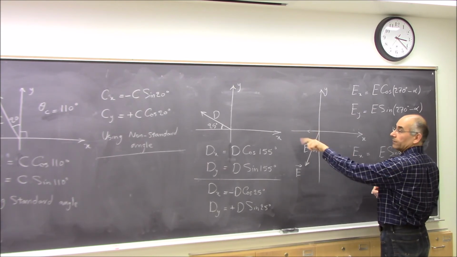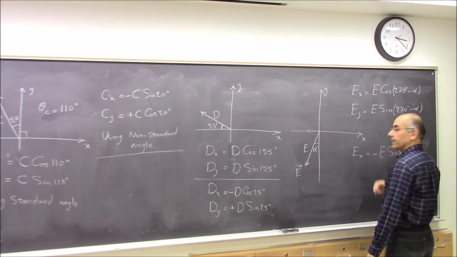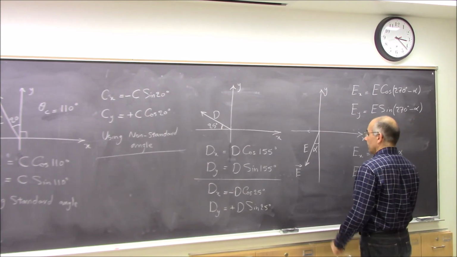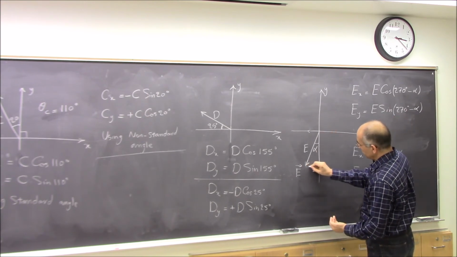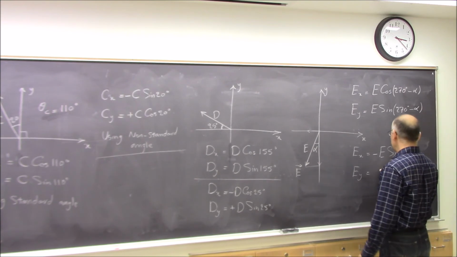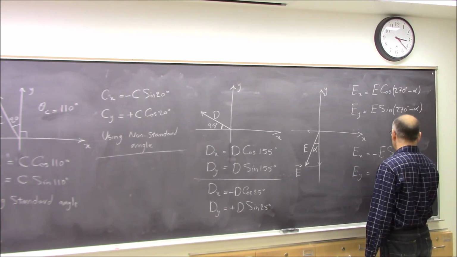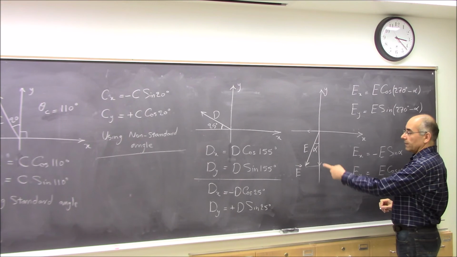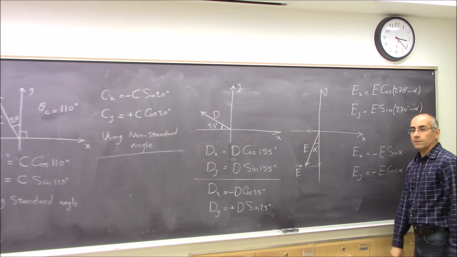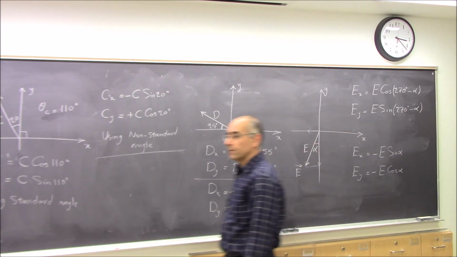Is it positive or negative? Negative, so you put a negative sign. And Ey is adjacent to alpha, so you use cosine. Is it negative or positive? The y component is negative, so you use a negative sign.